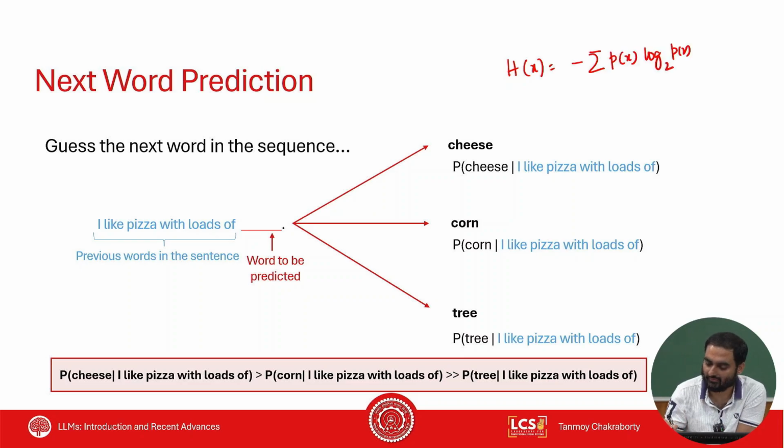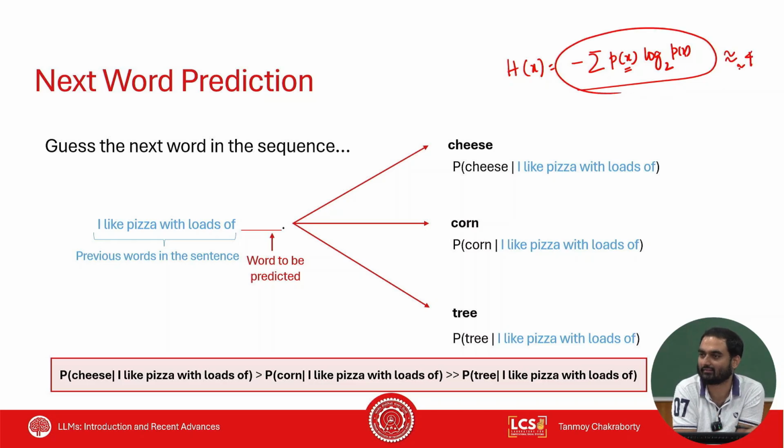If you think of this x as the character, and p(x), let's assume that all these characters are equally likely. There are 27 characters, so p(x) is 1/27. If you do this math, you see that this is essentially about 4.3, 4.2. Why did I mention this?